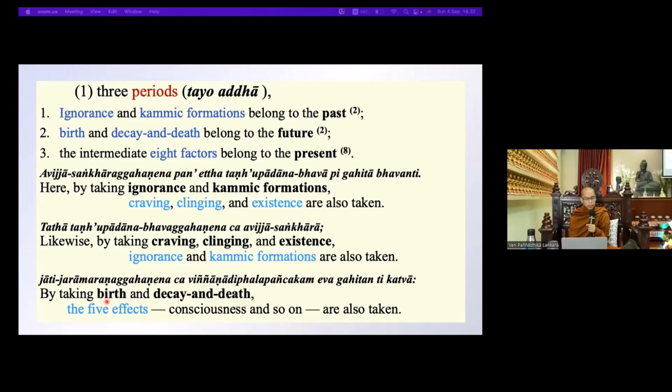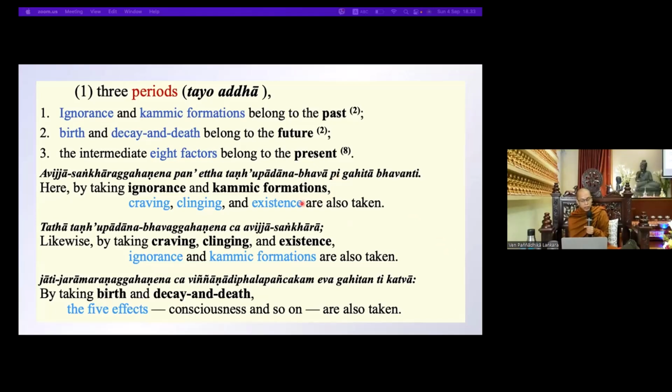That's why they are not separate entirely from the consciousness, etc. That is why consciousness, vinnana, nama, rupa, mind and matter, salayatana, 6 senses, phassa, contact, and vedana, feeling, are also counted. So this is the information given by the Abhidhamma Sangha in relation to the fetters.